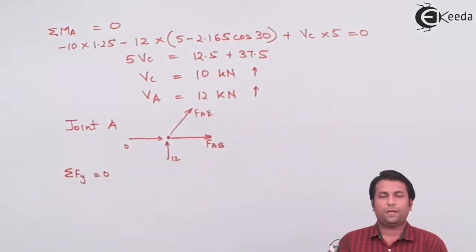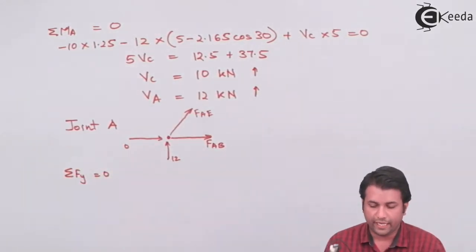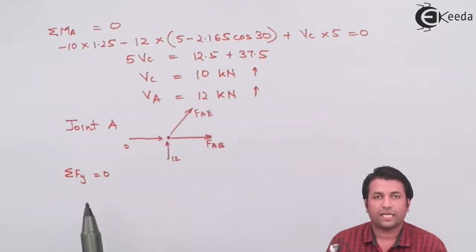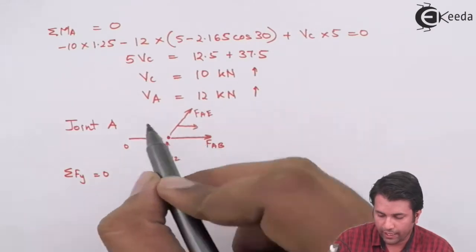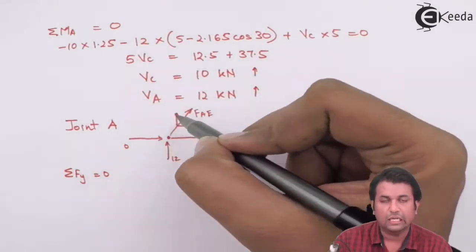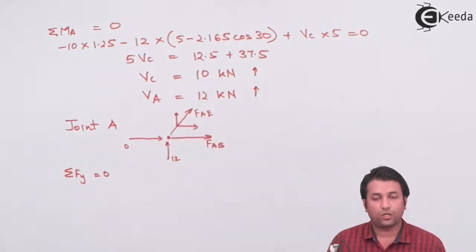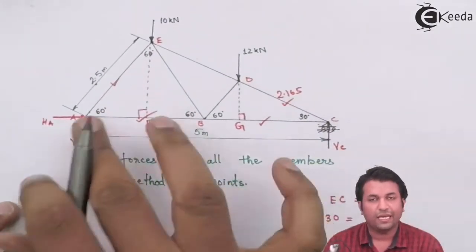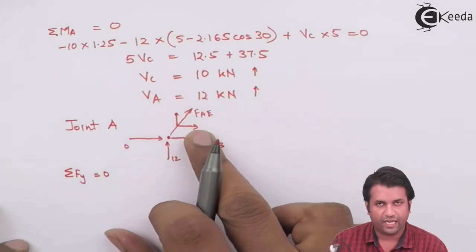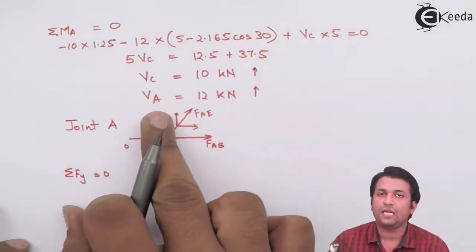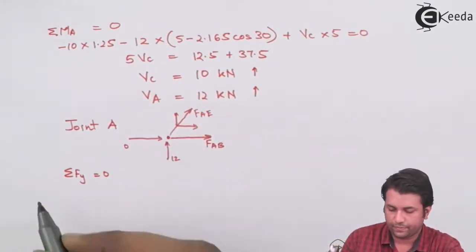Now, if I apply the condition of equilibrium at joint A, I need to resolve this force AE. This component would be the cos component and this component would be the sine component. The angle is already given to me and that happens to be 60 degrees. So this would be cos 60 FAE and this will be FAE sine 60 degrees.